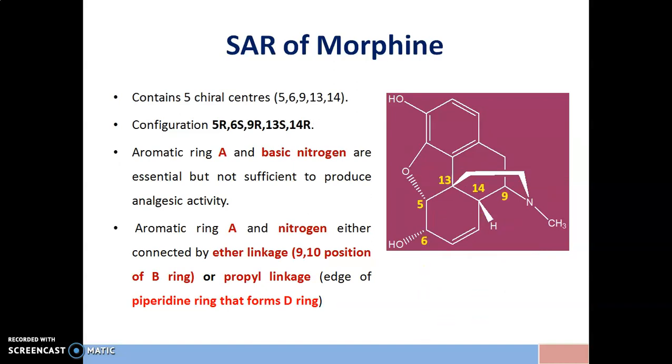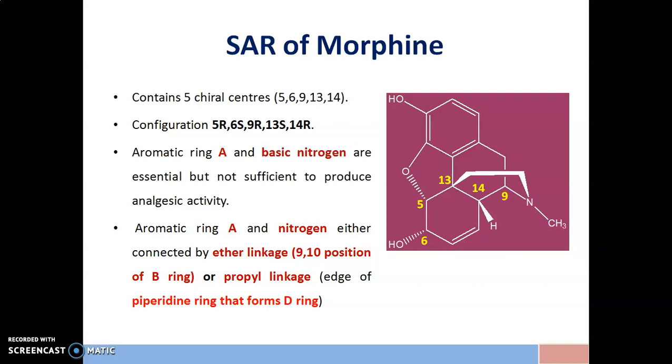First, morphine contains 5 chiral centers at position 5, 6, 9, 13 and 14. The configuration of these positions is 5R, 6S, 9R, 13S and 14R.